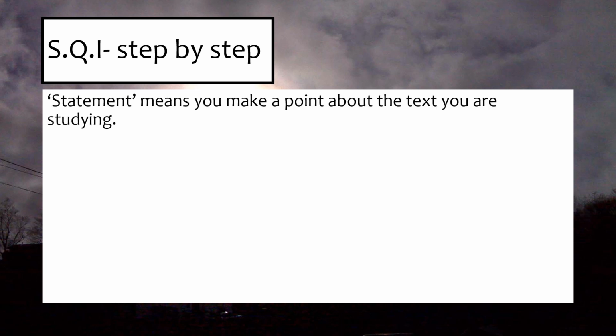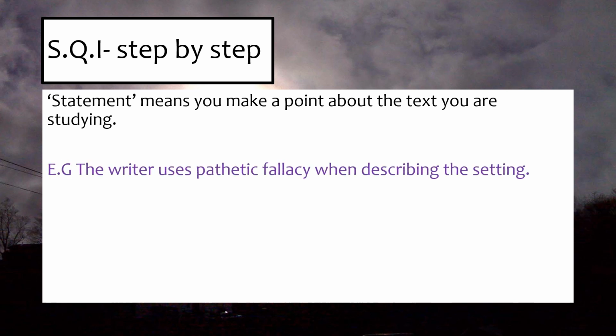So we're going to break down your paragraph step by step. The very first thing we're going to do is make a statement, okay? So our focus for today is pathetic fallacy. So our statement will be the writer uses pathetic fallacy to do whatever. In this instance, the writer is using pathetic fallacy when describing the setting, so when he's building up that environment and setting the scene for his text, okay?